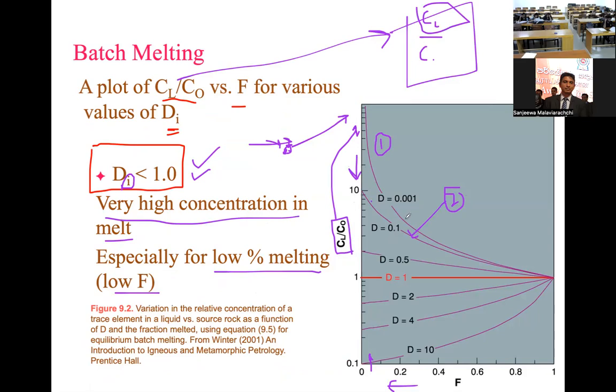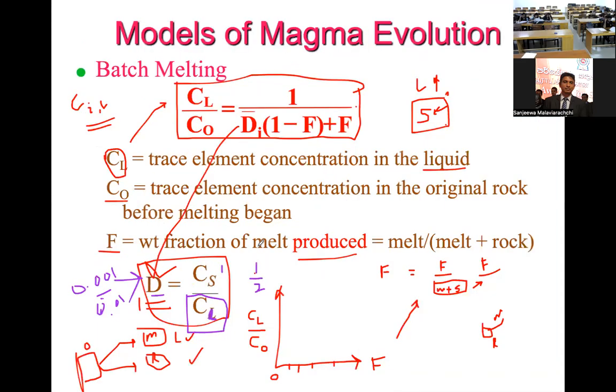Likewise, we can increase the partition coefficient of that particular element, and as the partition coefficient increases, more and more of that element is going to the solid also, because you are increasing this numerator also. That's why you are getting a higher value for D. So these two variations happen.